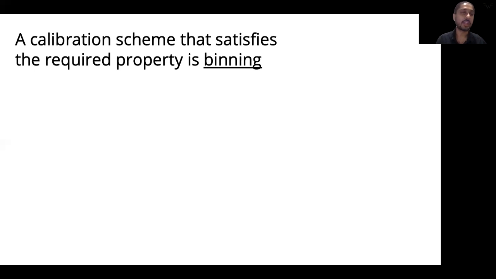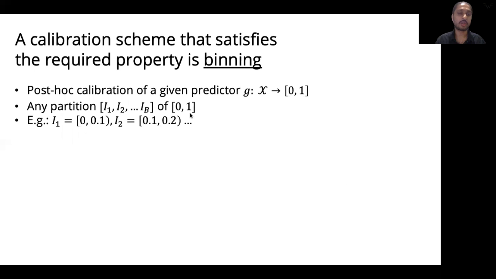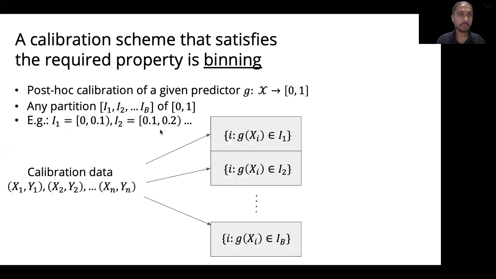However, this property is satisfied by the algorithm called binning, which is a simple post hoc calibration scheme for a given predictor g. So you have a predictor g and you're going to calibrate it. We consider any partition of the interval [0, 1] into intervals I_1, I_2, to I_B, and these are disjoint and exhaustive intervals.